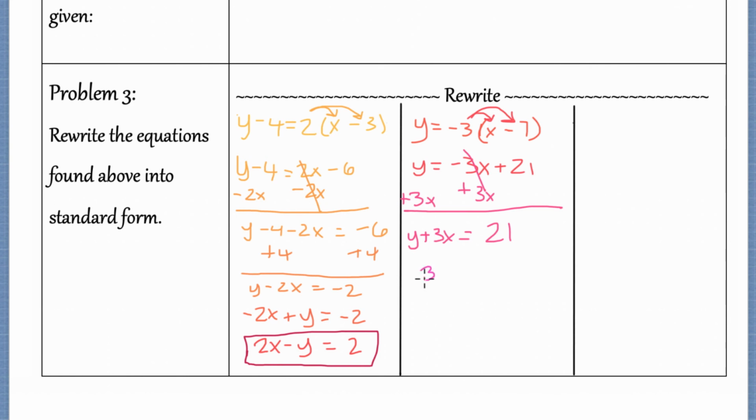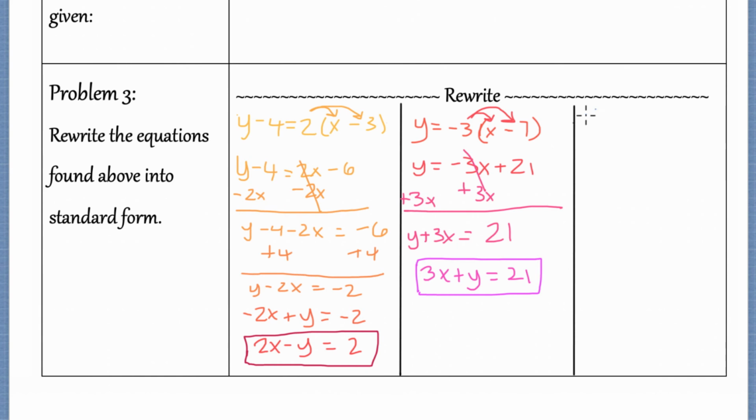So I'm just going to rewrite the left side to say 3x plus y is equal to 21. And now that this is in standard form, we can say that this is our final answer. 3x plus y is equal to 21 is our answer. Let's move on to the last one.